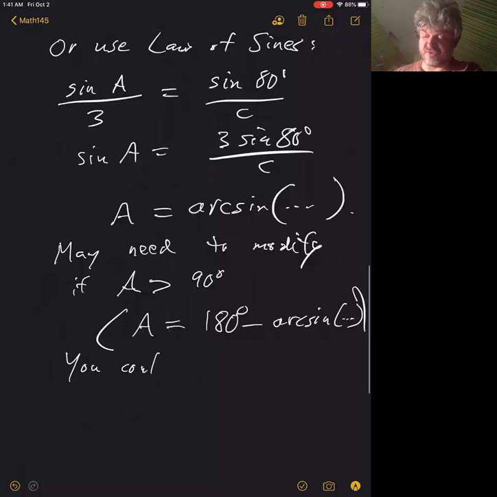You could detect this by looking at the sides of the triangle.